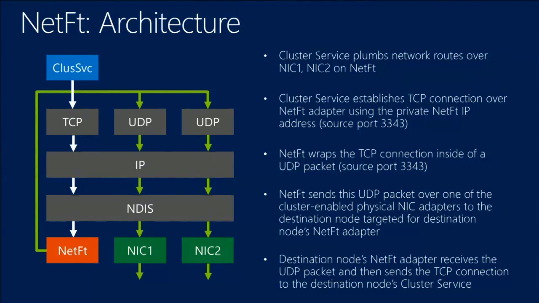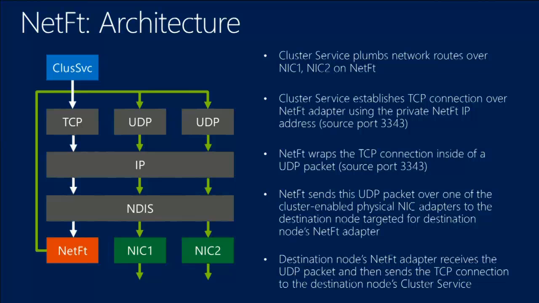And so cluster sends it, and that TCP connection goes to netft traffic, and netft wraps it in a UDP header with port 3343 and actually sends that packet to the node 5 or the destination node.